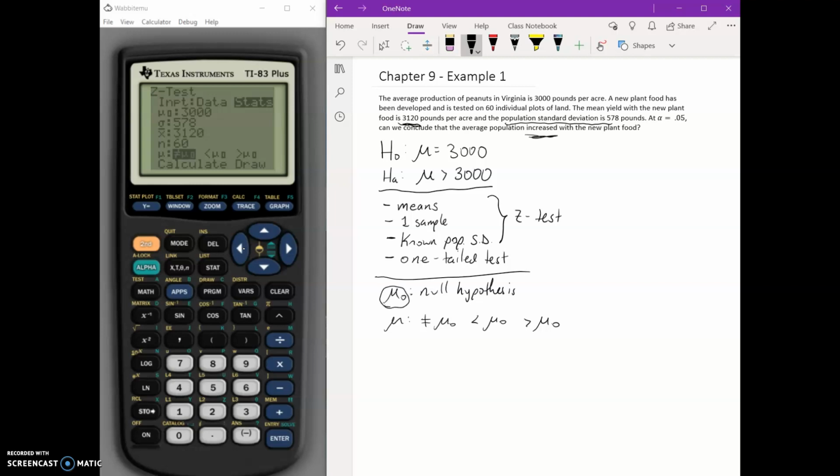So in this case, we're either saying not equal to 3,000, less than 3,000, or greater than 3,000. If we look at our alternative hypothesis, we see that should be the greater than 3,000. So we're going to choose the greater than mu sub 0. Once we do all of this, we do our calculate option.